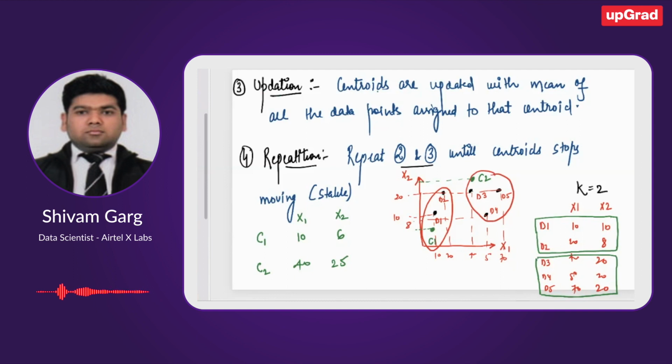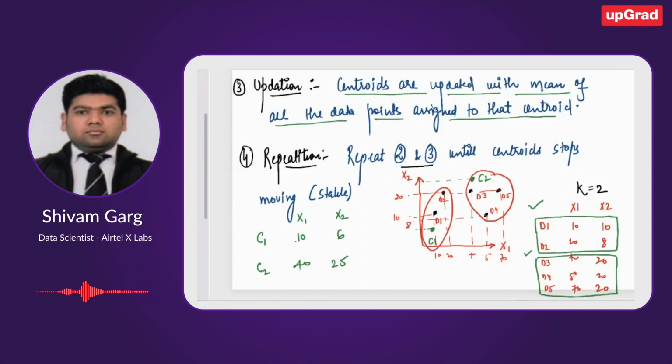So centroids are updated with the mean of all the data points assigned to that centroid. These centroid values need to be updated with the average of the data points assigned to them. So C1 will become 10 plus 20 average, that is 30 by 2, 15.